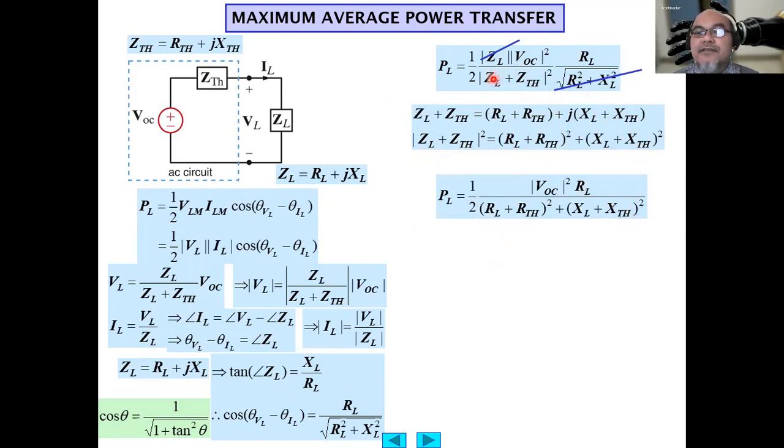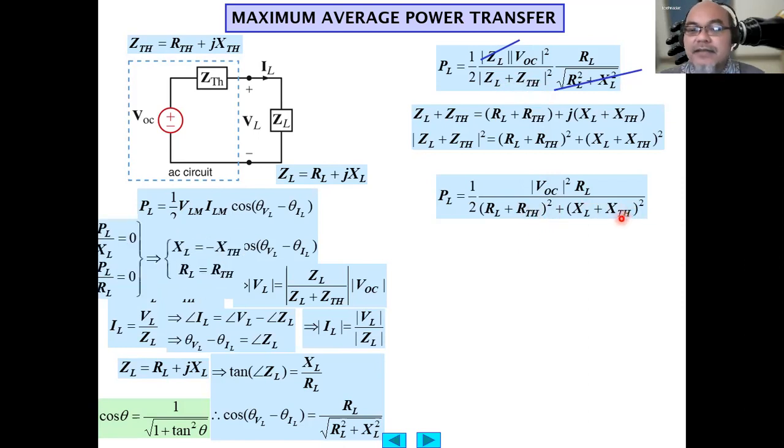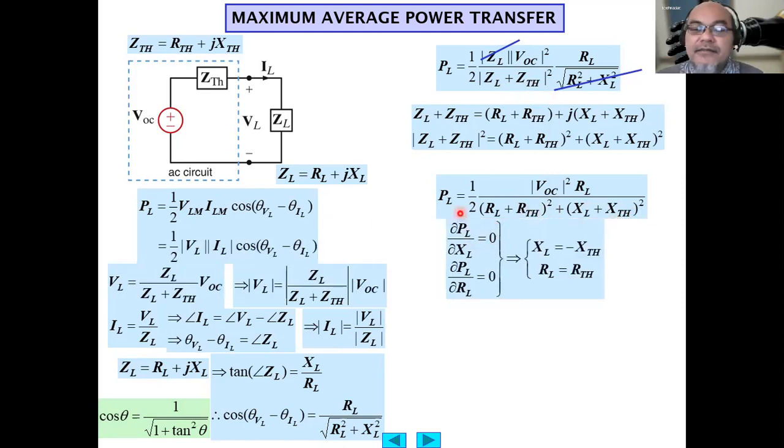This is equivalent to the upper expression, but now we replace ZL and ZTH in terms of the resistances and reactances. The change of the power transferred to the load as a function of XL will be 0, and the change of PL with respect to RL is also 0, which means XL should equal minus XTH.